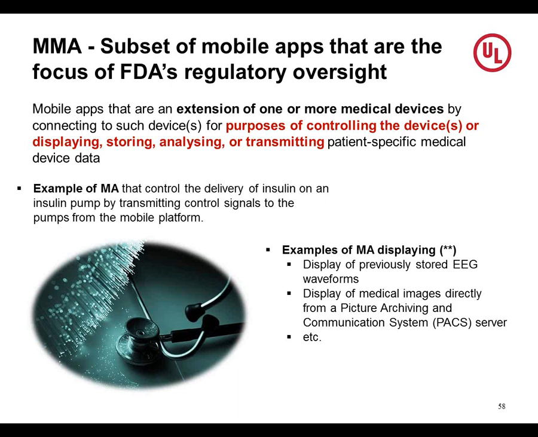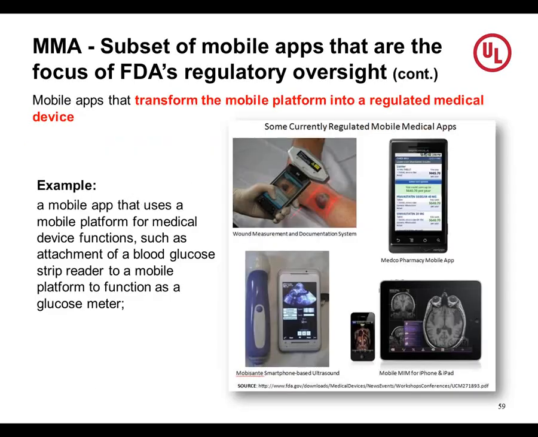Displaying, storing, or analyzing data could possibly be EEG waveforms, very specifically picture archiving and communication systems, capturing and possibly even having algorithms which analyze those images would definitely fall under the oversight of FDA's regulations and the U.S. regulatory law. Let's go then to the next slide.